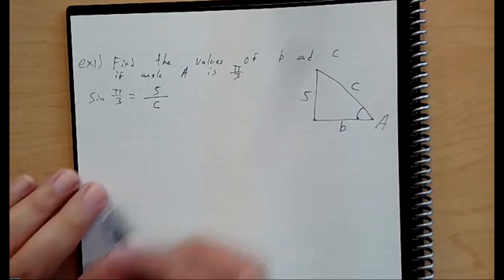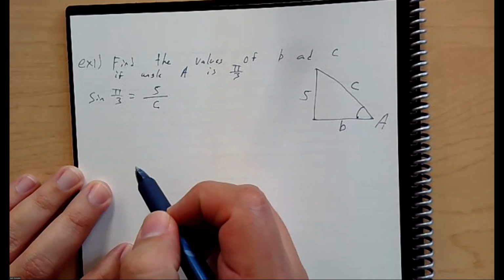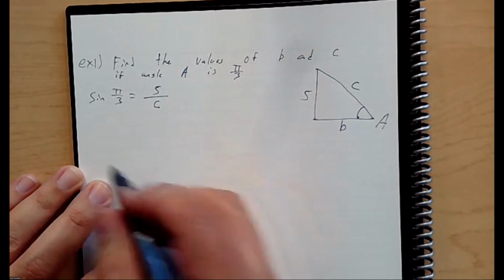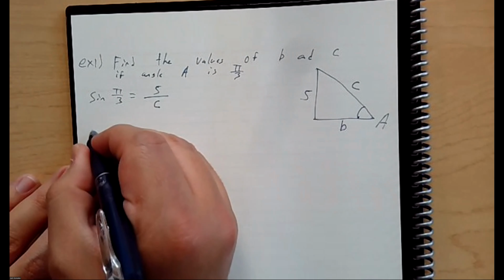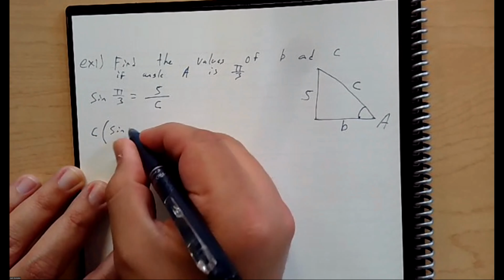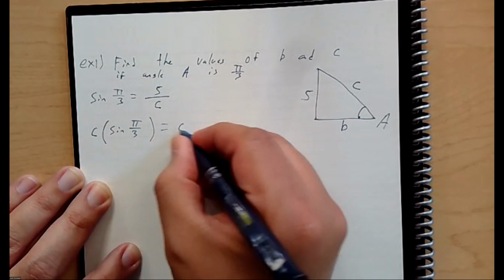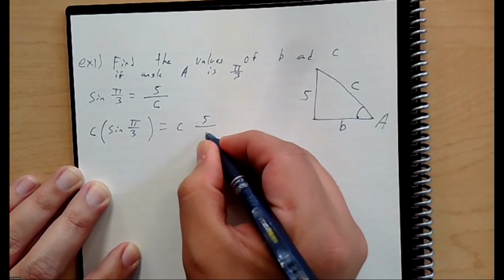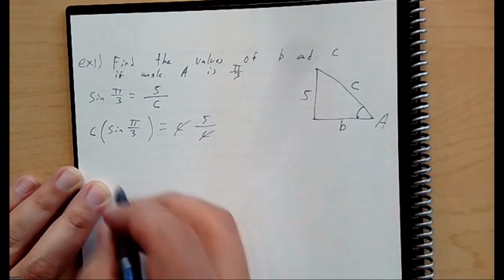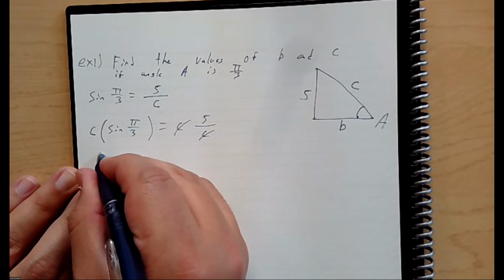You'll be fine. At this point, just do algebra. We can do cross multiplication or just multiply both sides by C. I don't really care how you do it or how you think about it. I'm just going to multiply both sides by the variable C. You cancel C. Then I'm going to divide by sine on the next step.